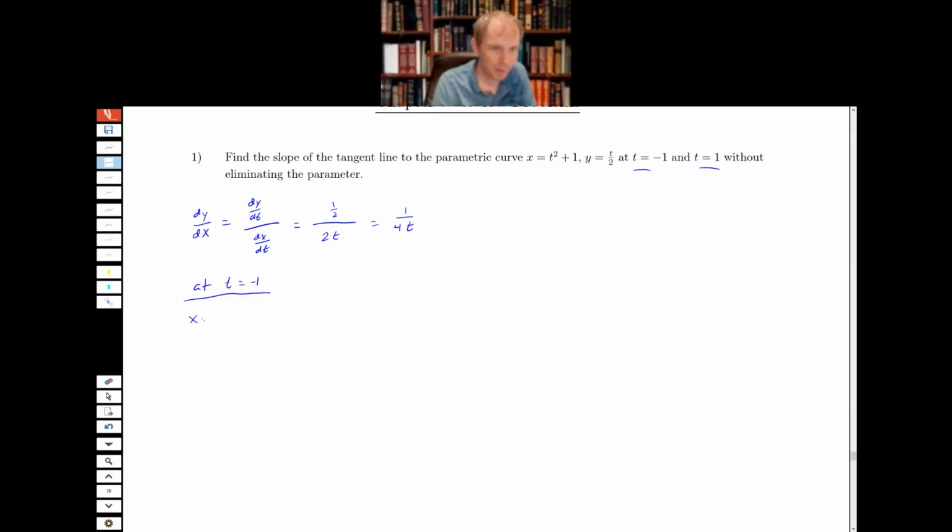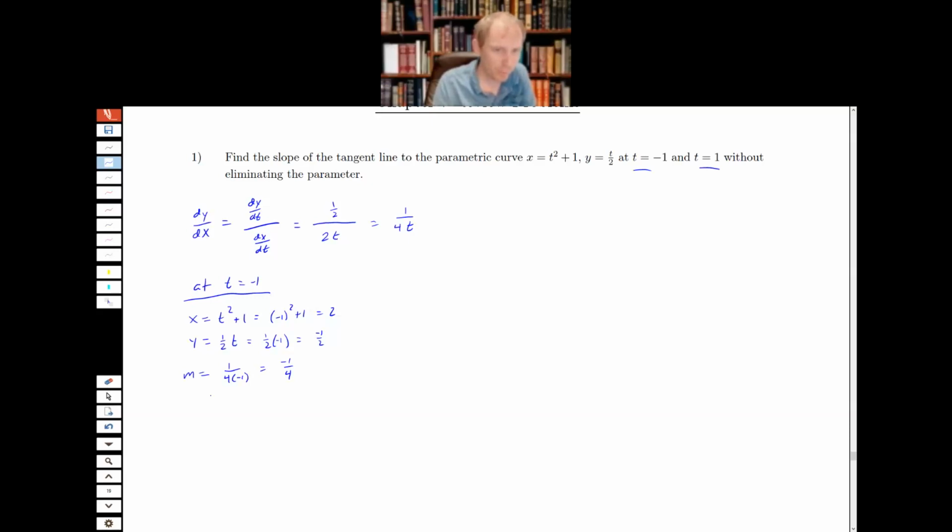Okay, I need to find an x value. So x is t squared plus 1, which is -1 squared plus 1, which gives me 2. Y is half of t, which is half of -1, which is -1/2. And the slope is 1 over 4 times -1, which is -1/4.